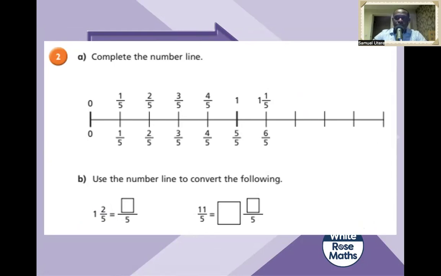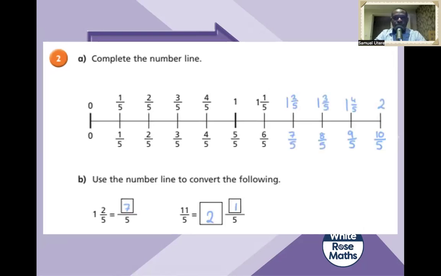Assuming you've paused the video and you've answered question 2, here are the answers. Let's discuss them. Here you were asked to complete the number line. So this is similar to the example we did in the first part of the lesson. Here, these are in top-heavy fraction form and these are in mixed number form.